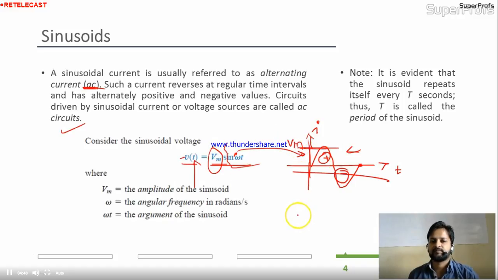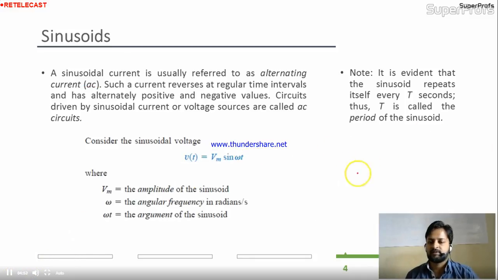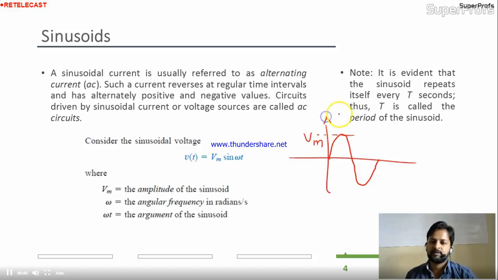If I redraw it, it will be clearly understandable for you. I'm taking one cycle over here. This is the max Vm. The graph is of V of t, and this is t.